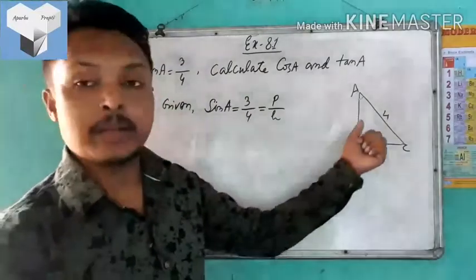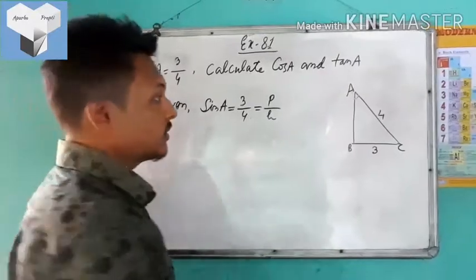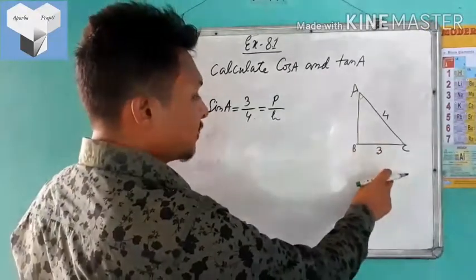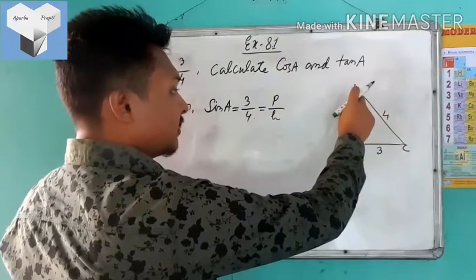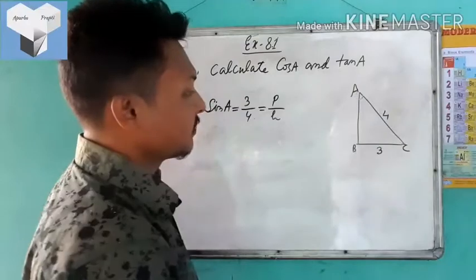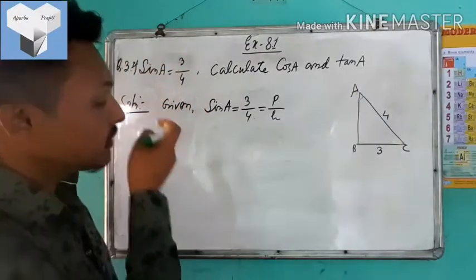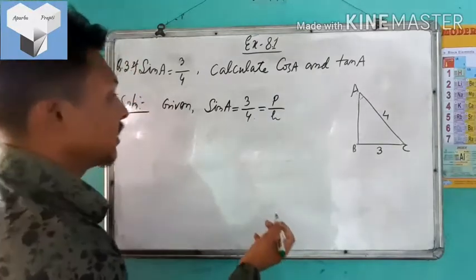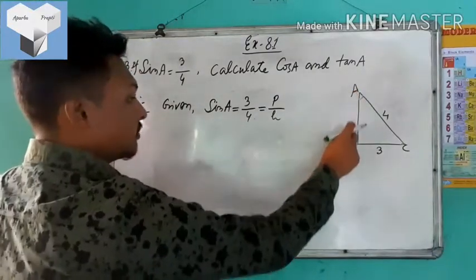So we can imagine this type of right angle triangle. In this way we have got a right angle triangle whose perpendicular and hypotenuse are given, and the length of the base is missing. In this case, we shall use the Pythagoras theorem to get the missing line.